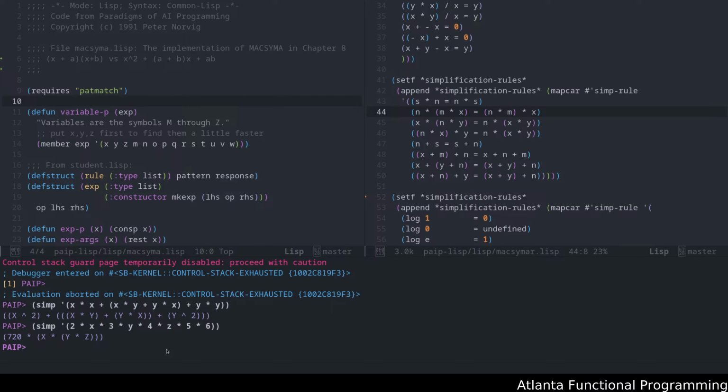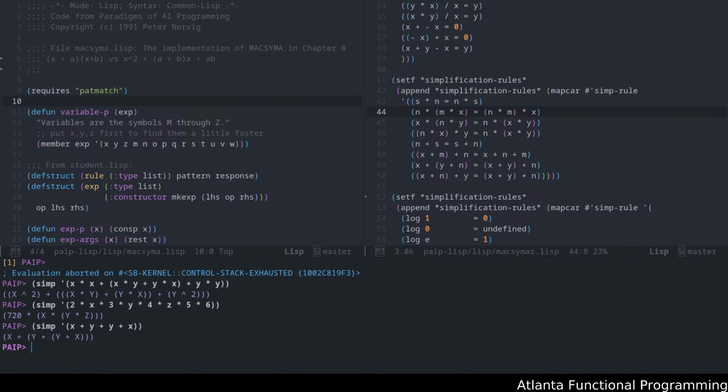But as we saw earlier, some of the more simple, obvious ones that we can normally look at, like simplifying what I showed you earlier with the x times y and the y times x, or even something simpler, if you just do x plus y plus x, you could see that it doesn't recognize that you could have easily rewritten the expression as x plus y, and then you could have either written 2 times the expression x plus y, or you could have also said 2x plus 2y.